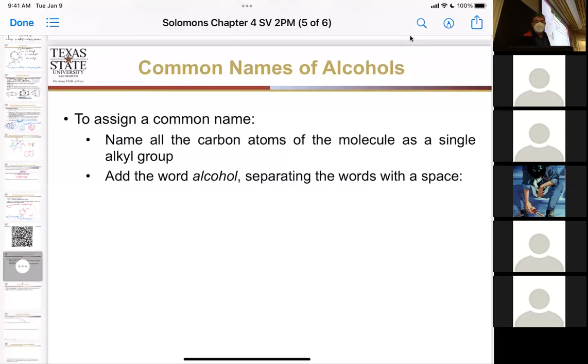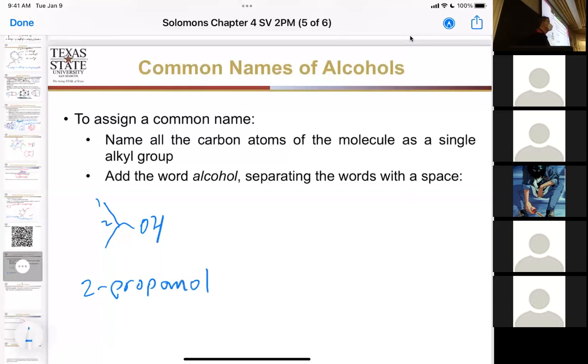We take the common name we'd have. In this case, in IUPAC, we would say this is 1, 2, 3 carbons, and this is the 1 and the 2. So this would give us 2-propanol. That would be the IUPAC name.